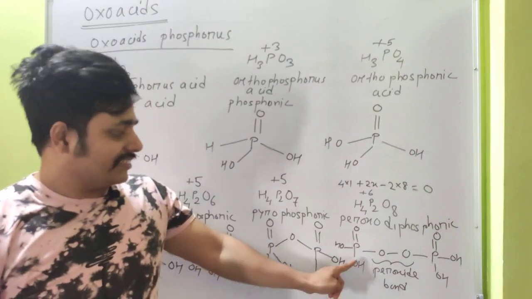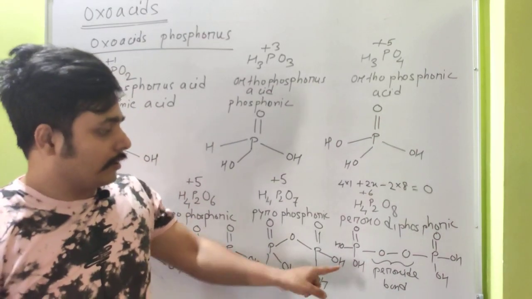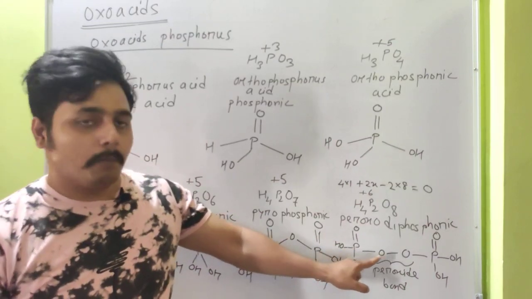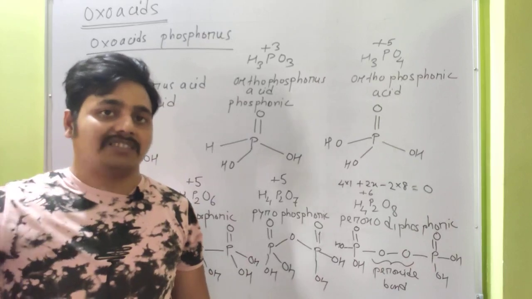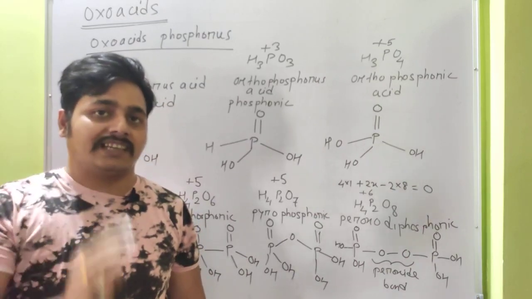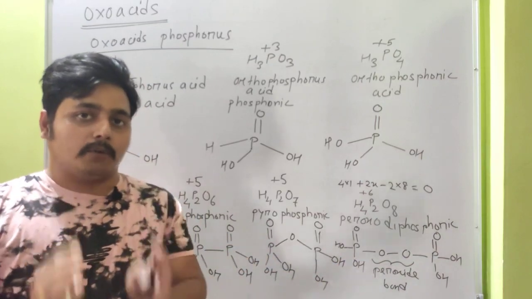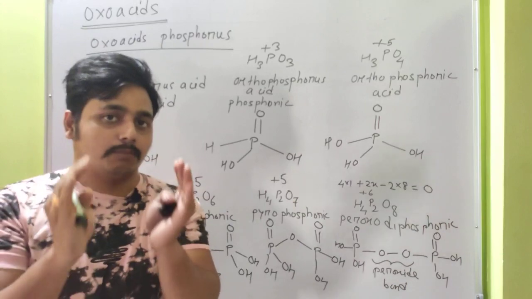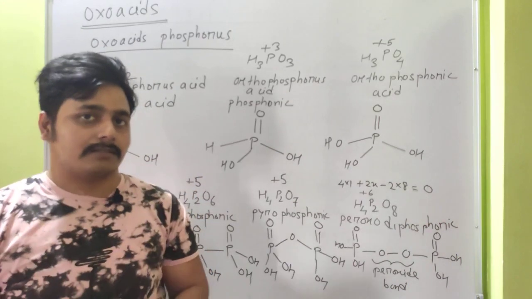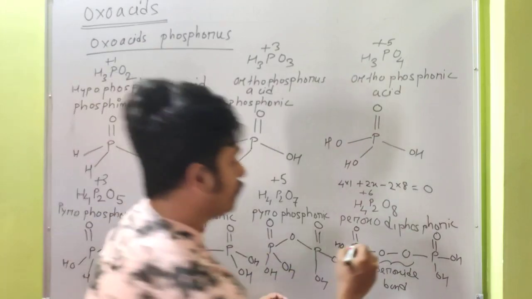Look, in this case phosphorus is forming 5 bonds, 1, 2, 3, 4, 5, and all the 5 bonds are linked to oxygen, which is more electronegative than phosphorus. Therefore, +5.